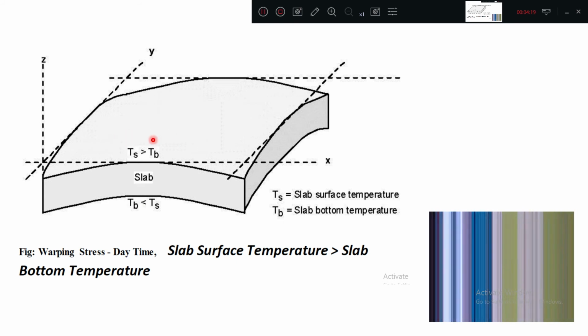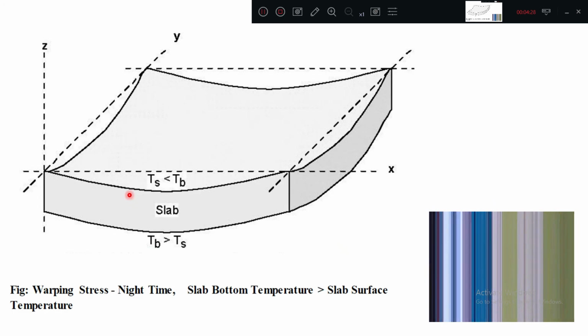Here the compression stress will come at the interface. And here tensile will come at the bottom of the slab, and friction is also tensile only, because the slab is expanding at the bottom, so friction is compressing that one.